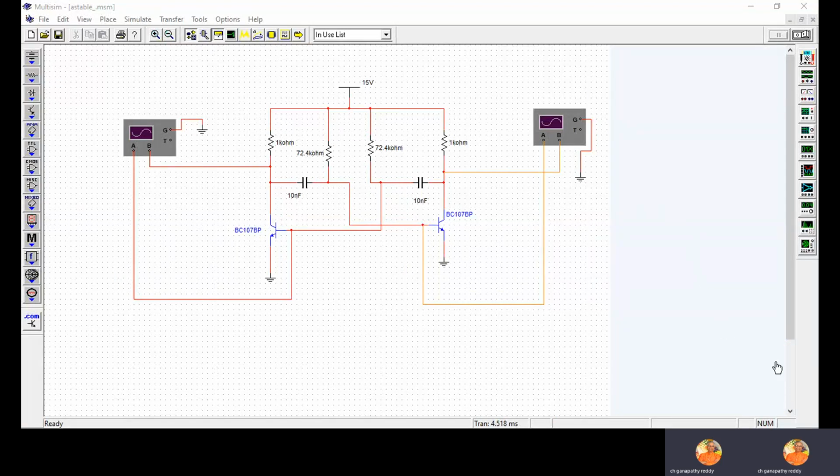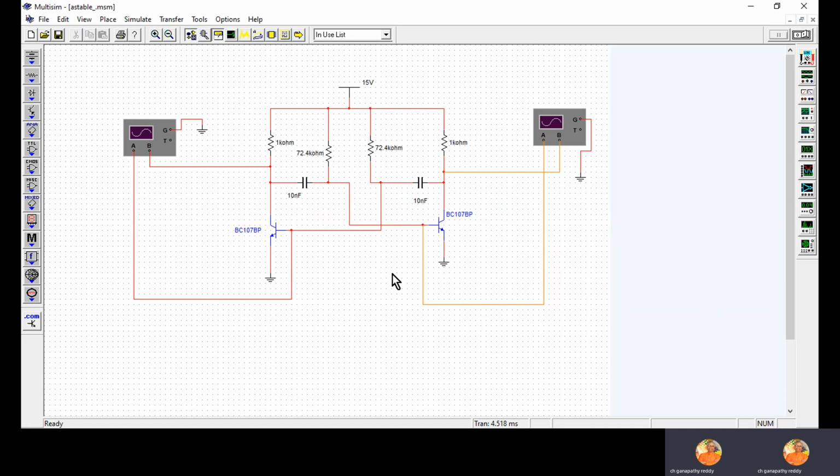So this is the waveform. It is easy to remember the circuit. Previously in the bistable, the 72.4K was connected parallel to the capacitor. This 72K is also connected parallel to the capacitor.